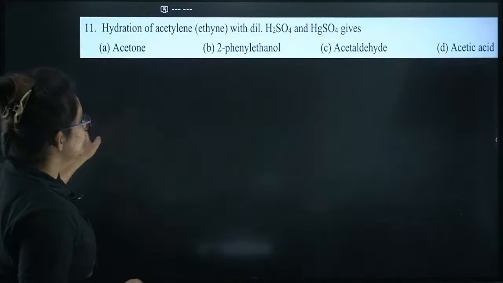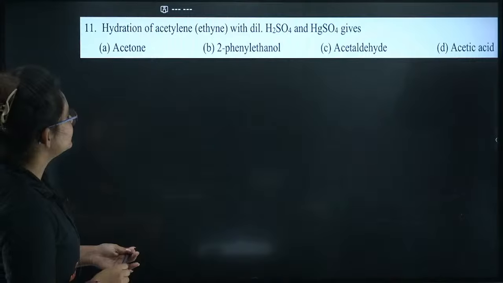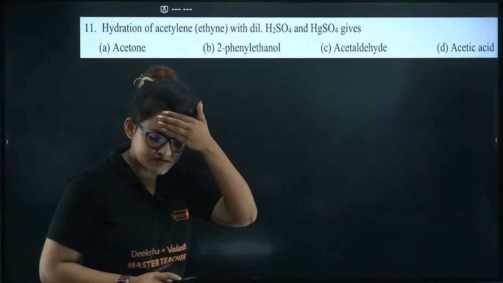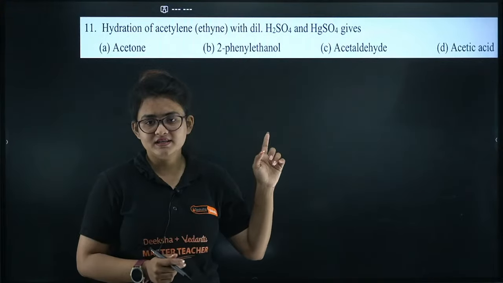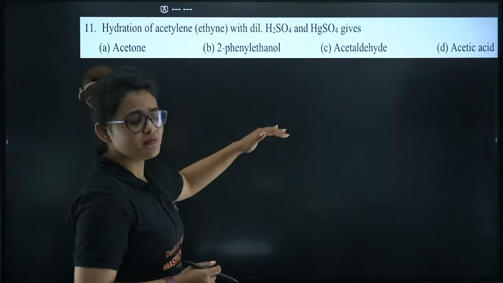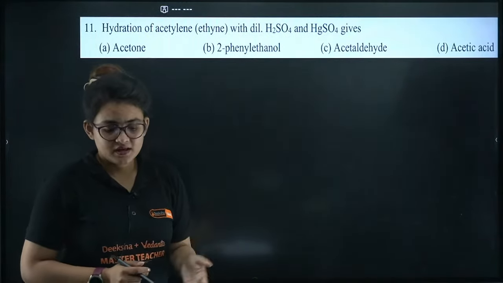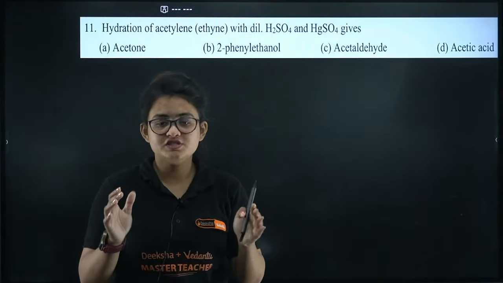Let's proceed. Yes, hydration of acetylene, that is ethyne, with H2SO4 and HgSO4. So this is basically oxymercuration, demercuration. Again, this particular thing is a kind of preparation of aldehydes and ketones. We did complete full lectures on the aldehyde ketone chapter.